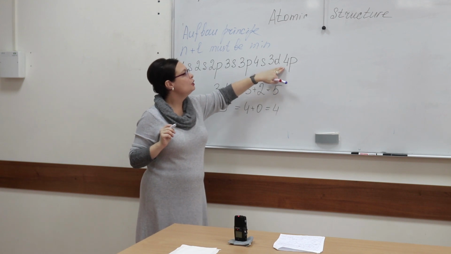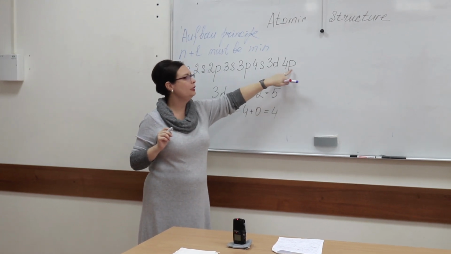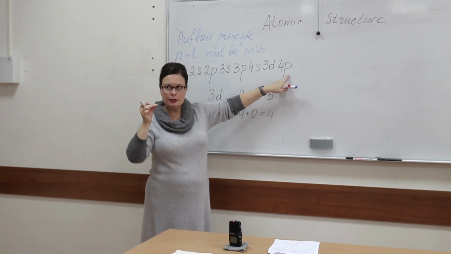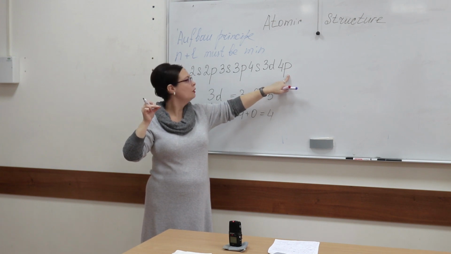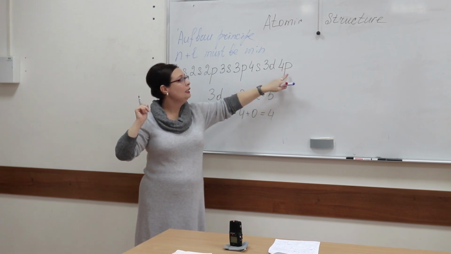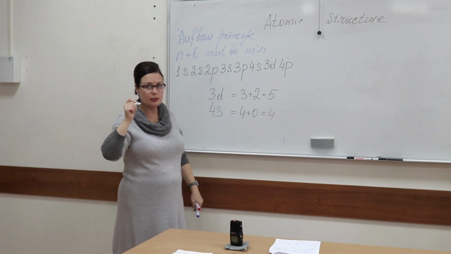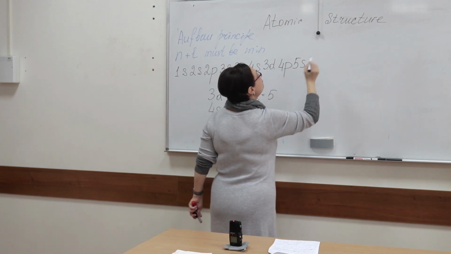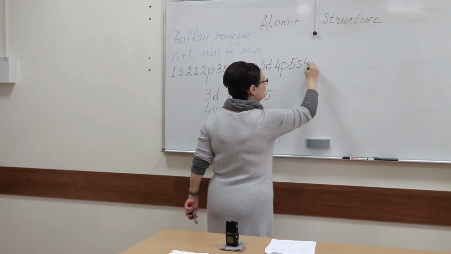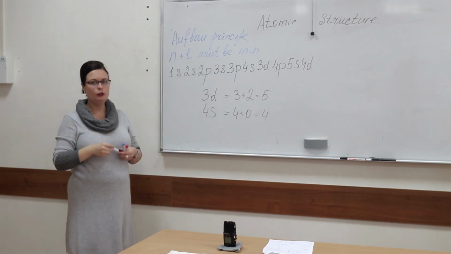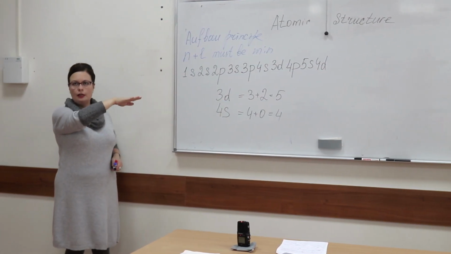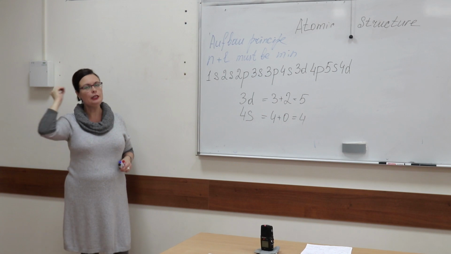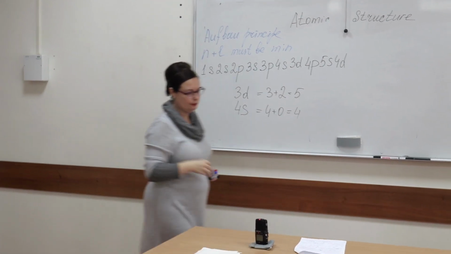Let's think what will be after 4p. 4p sum is 5. 5s is 5 also. But 4d gives 6. So 5s sublevel will go on before 4d. And so on. You can continue it by yourself, counting the sum total of principal and azimuthal quantum numbers.